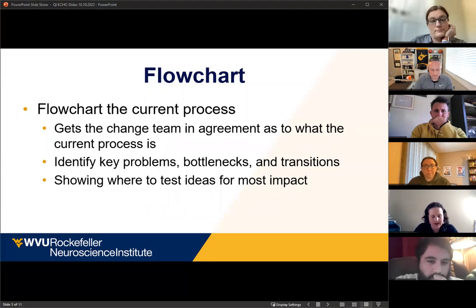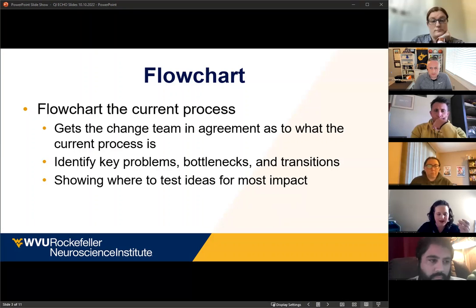So flow charting is exactly what it sounds like. And probably you've seen a flow chart in training manuals, your policy and procedures manuals, or in school. It's just a visual depiction of a process. And in quality improvement, it's the visual depiction of the process in which your aim or problem lies.